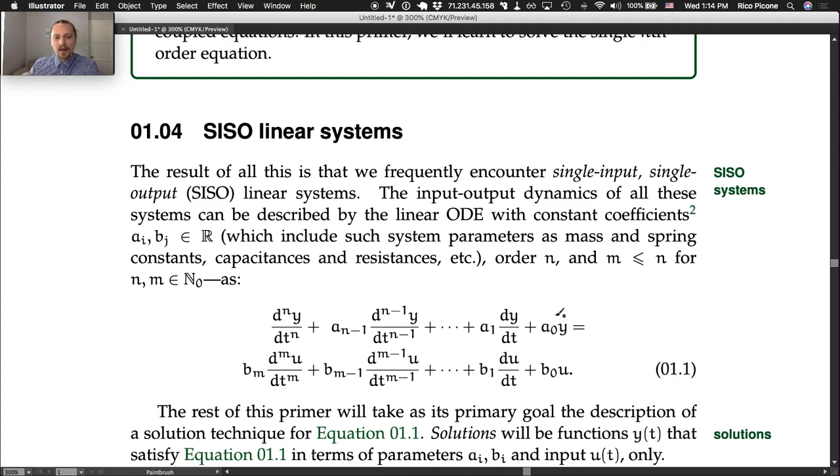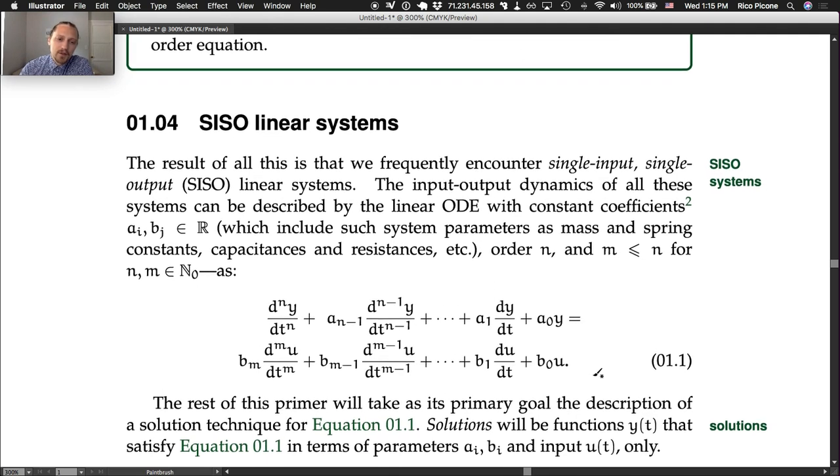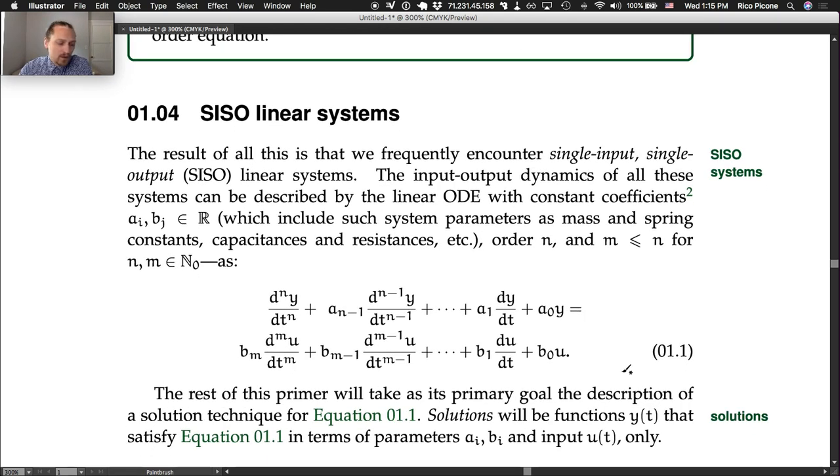Okay. On the right-hand side, we have derivatives of u, derivatives of the input with respect to time, multiplied by parameters, constants, and summed up. Okay, so the left-hand side has the output, the right-hand side has the input. The rest of this primer will take as its primary goal the description of a solution technique for equation 1-1.